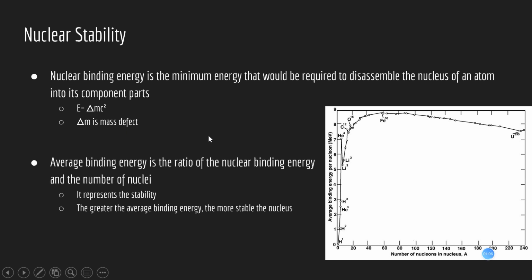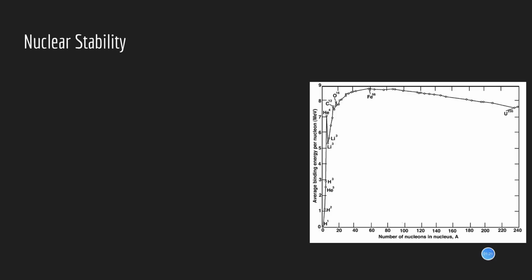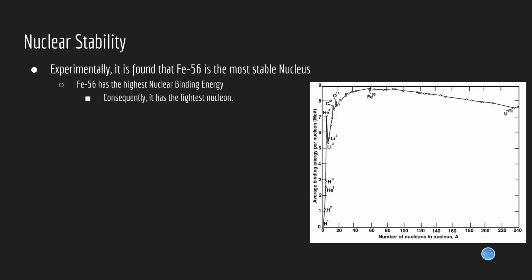Average binding energy is the ratio of the nuclear binding energy and the number of nuclei. It represents the stability. The greater the average binding energy, the more stable the nucleus. We can find that iron has the highest average binding energy.